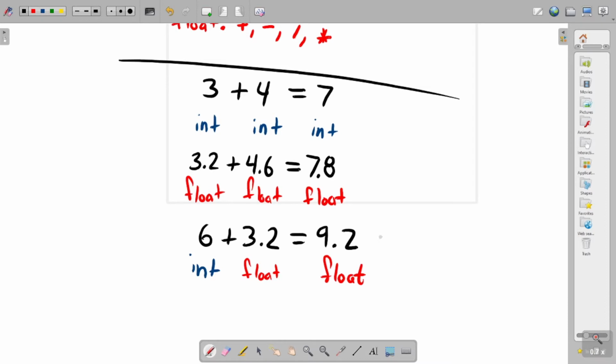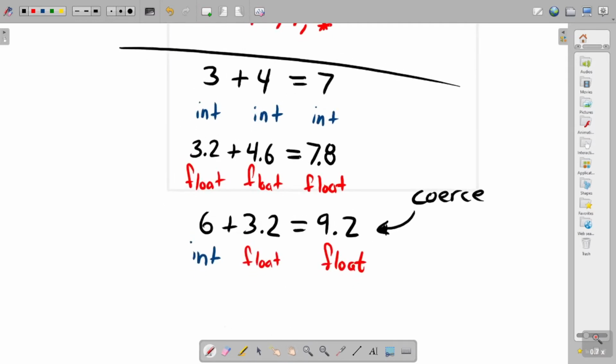So whenever you add an integer and a float, or multiply, or divide, or subtract, any of those operations, it will coerce it. And coercion just means that it will change the type to a float rather than keep it as an integer. And it actually does that before it does the addition, so it will first convert this int to a float, and then it will add the two floats as it knows how to do already.